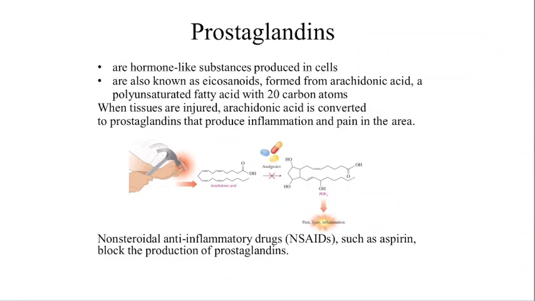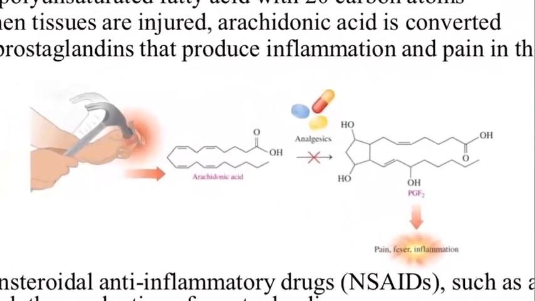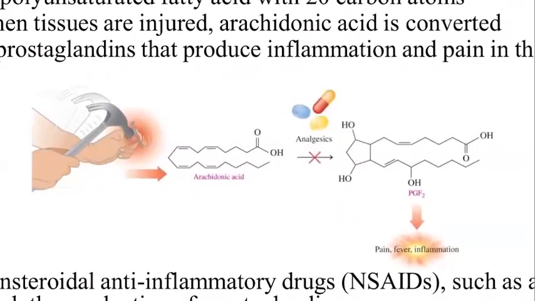So what happens is, and we can see in the image here, that for example, unfortunately, we have this example, this person hit the thumb trying to hammer. The response, which again, you can think about it, happens super, super fast. The response is that in the body, the arachidonic acid is actually converted into what is called a prostaglandin.